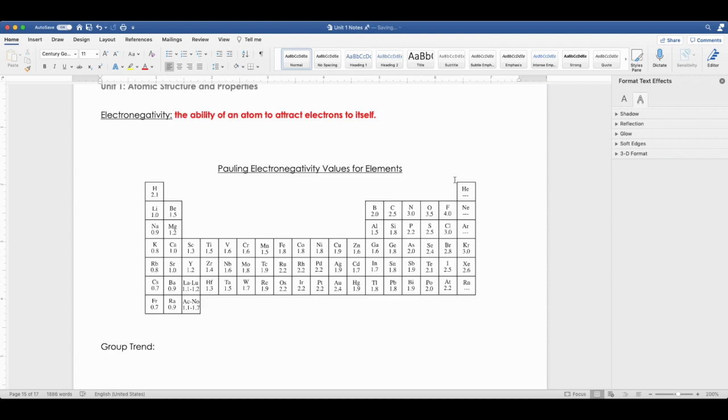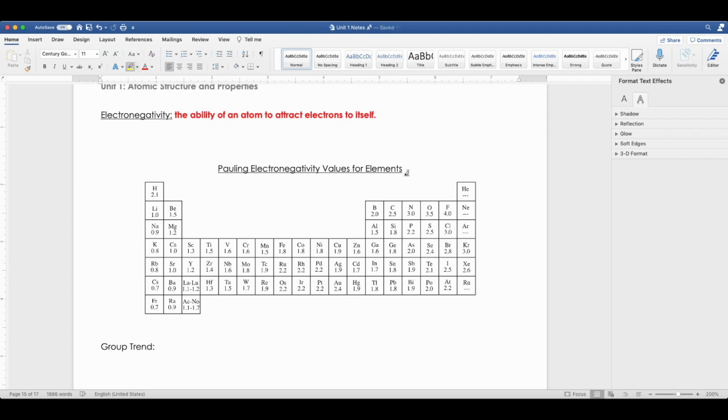And you might remember the most electronegative element. Here is a periodic table that contains the Pauling electronegativity values. These are values that were assigned as to how badly particular elements want electrons.